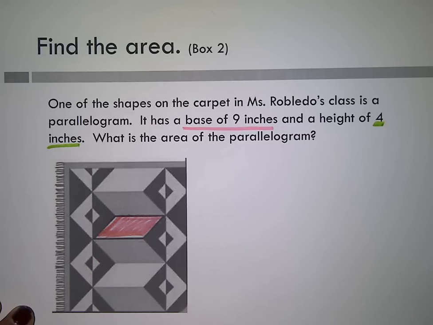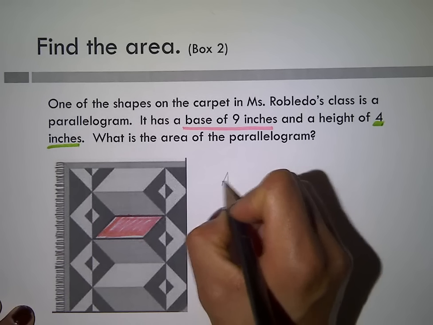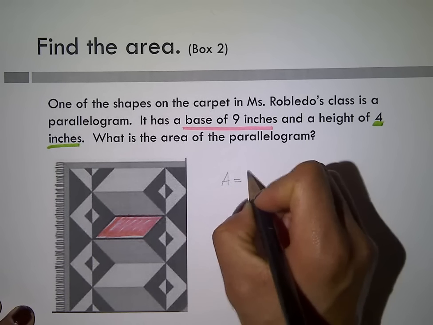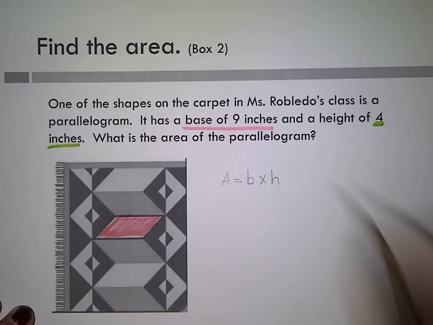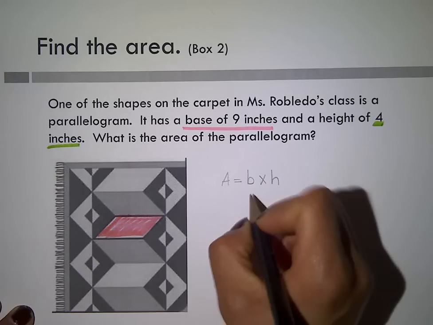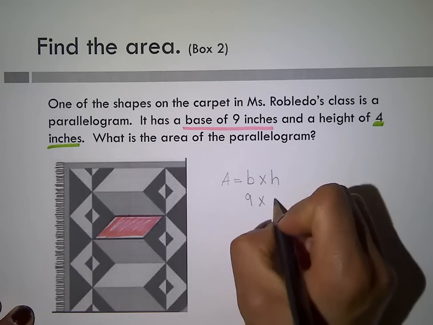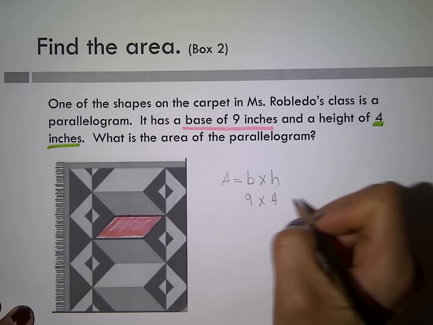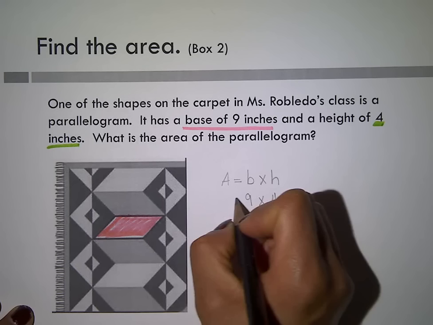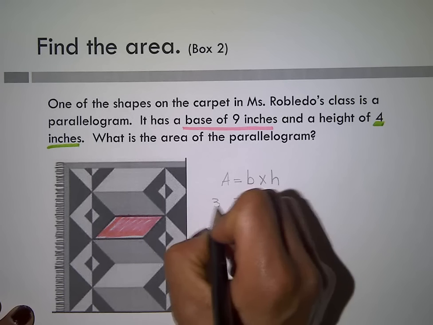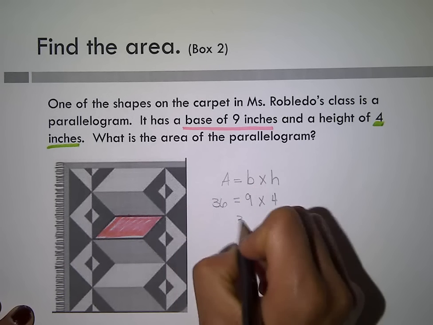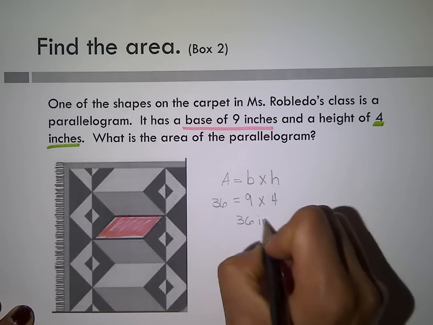What is the area of the parallelogram? So to find the area, I would multiply base times height. The base is 9, the height is 4. So the area of this parallelogram is 36. So 36 inches squared.